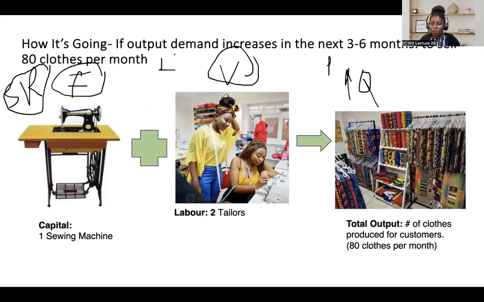She already paid rent for 12 months. So it's going to be the same. Even if she wants to expand in 3 months, she'll remember, oh, I already paid the landlord 6 months. So I can't go and look for a nicer place because I'm getting more customers. No. She'll have to wait at least 6 months, or 1 year, and that's when she can move to another building that is bigger and spacious.